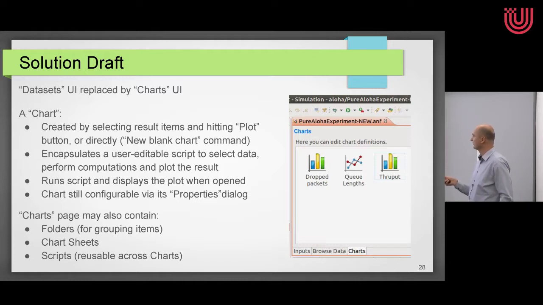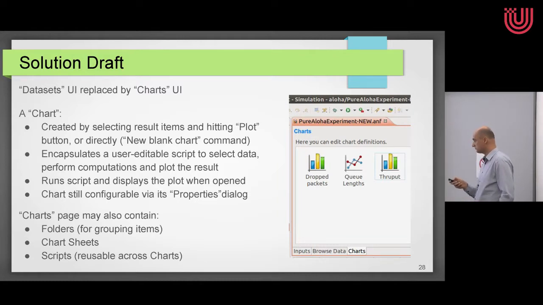And inside one chart, a script will live. This script will be user editable, so you can change it and add custom processing steps and also chart configuring or plotting customization steps in it.